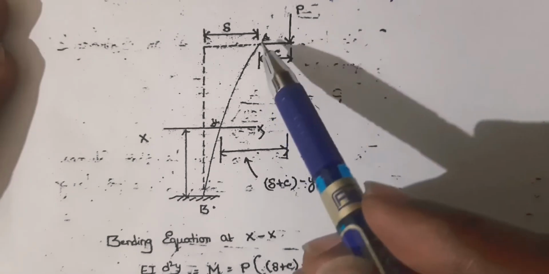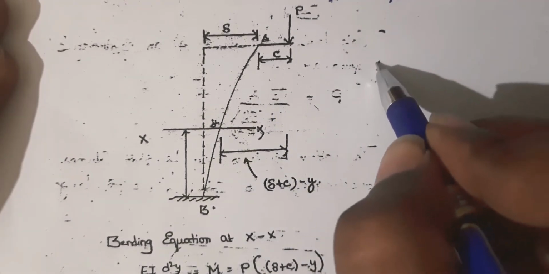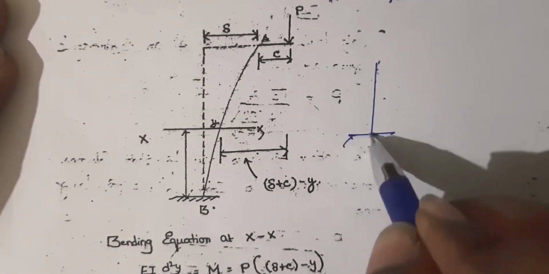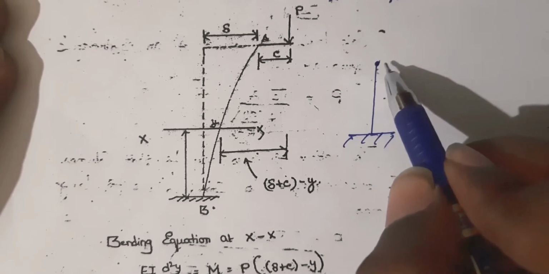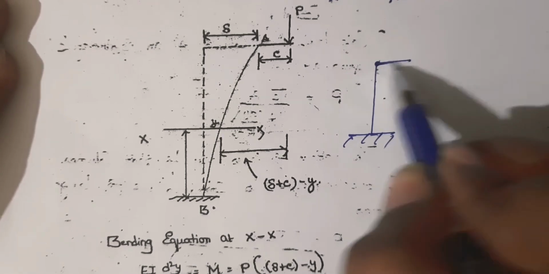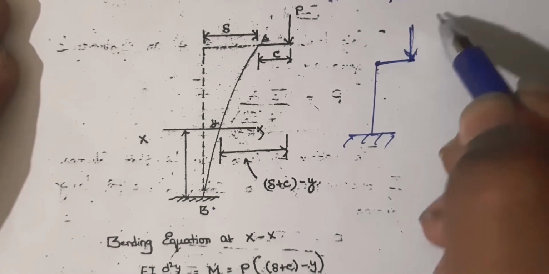free at the other end. So this is the case, right? Initially the column is this way. And at a distance, the load is acting on it.